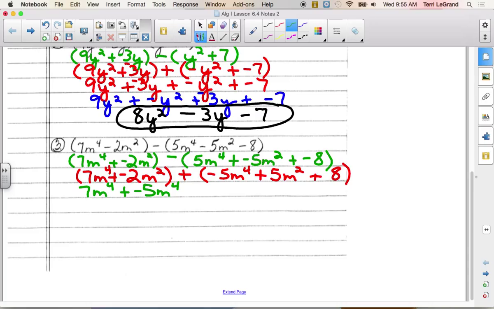Okay, what would be next? The m squares. So we have a negative 2m squared plus 5m squared. We have 5 terms altogether. We've got to have 5 terms now too. And we need a plus 8 yet, right? Okay.